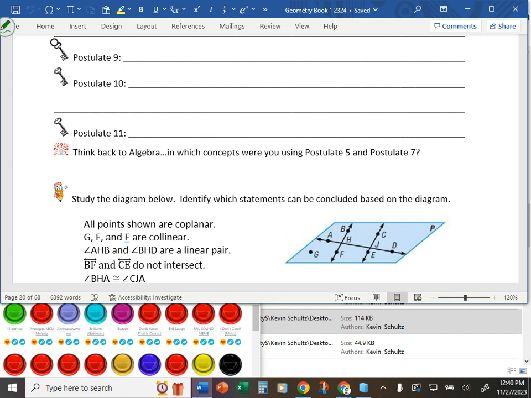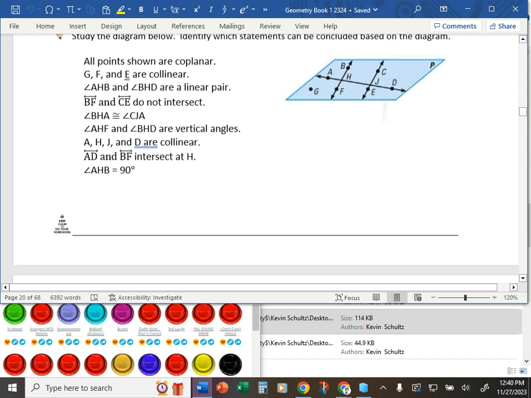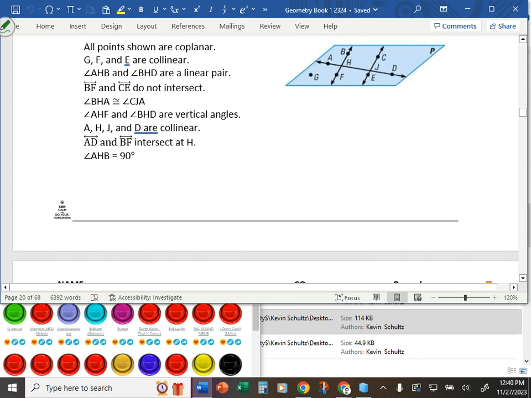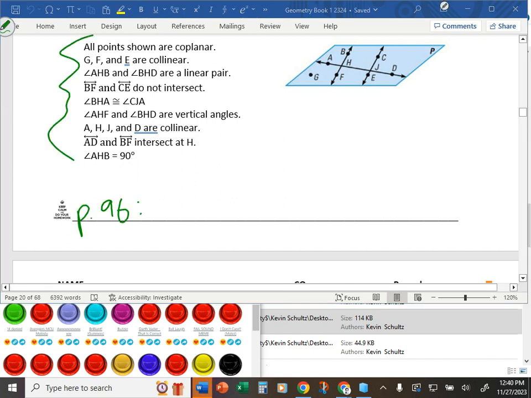Okay. Just so that we don't run out of time to do your homework, you need to look in your book for the other 3 postulates, the ones we have not written. You can find those on page 96. You are to finish this page here by describing what you can conclude and cannot conclude based on the postulates that we talked about.